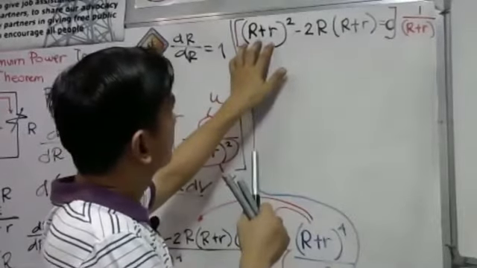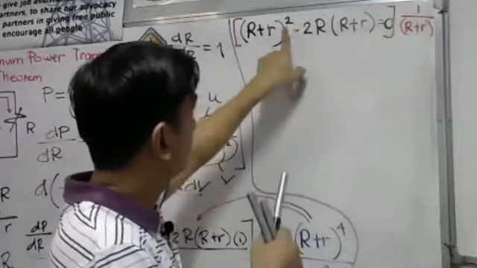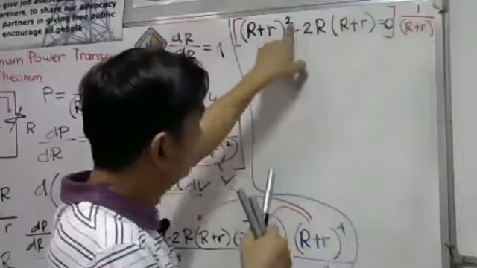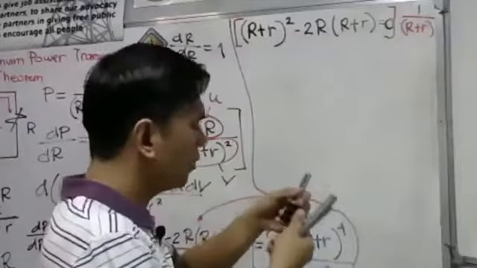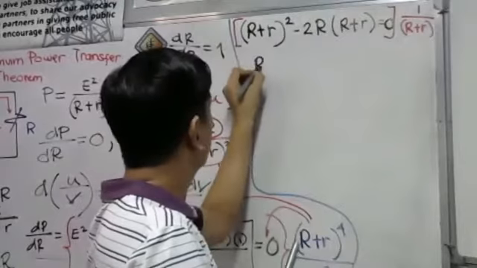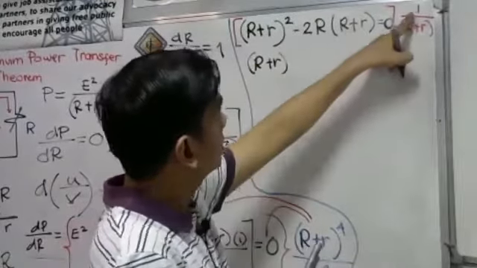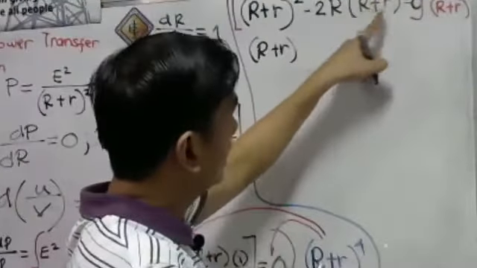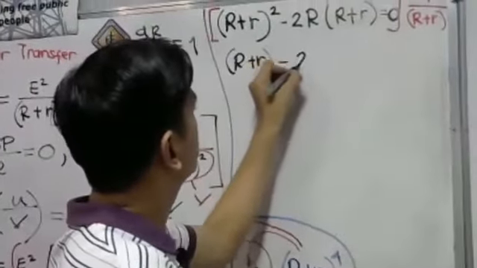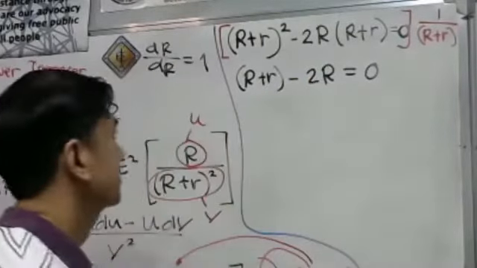So this will become 2 minus the exponent here, the same base, 2 minus 1, meaning 1, so we still have 1 big R plus the small r. And then what about here? So this will cancel. So that is minus 2r. So that is equal to 0.